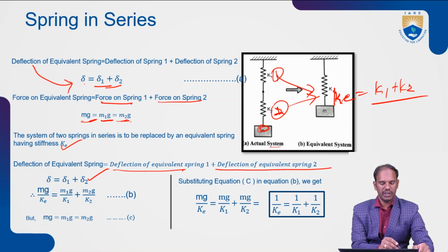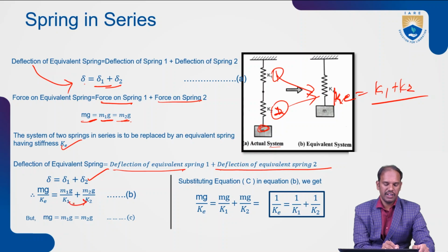So here we can write it in terms of mg by Ke, which equals m1g by k1 plus m2g by k2. So we have taken k1 and k2 in terms of Ke here.